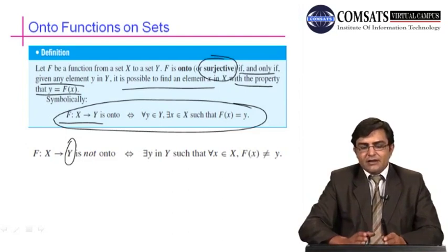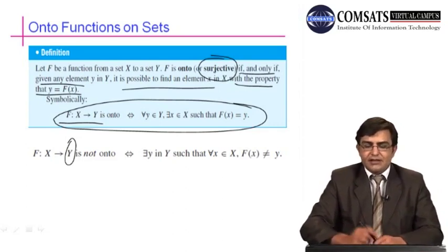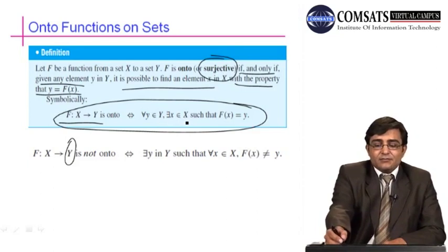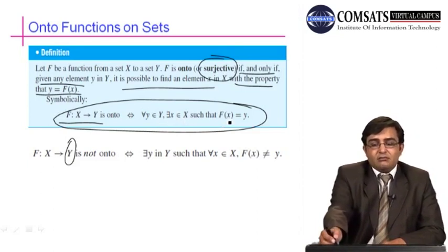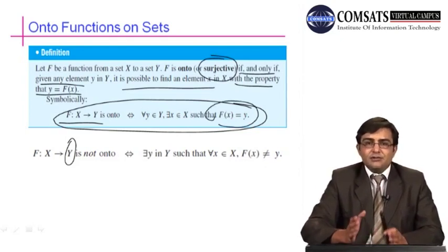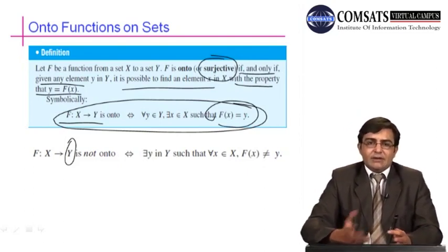Every element of y must have some preimage. Meaning for every element in y there exists some x such that the image of x is y. So every element of y must be utilized. You can say that no element of y should be extra or without any preimage.